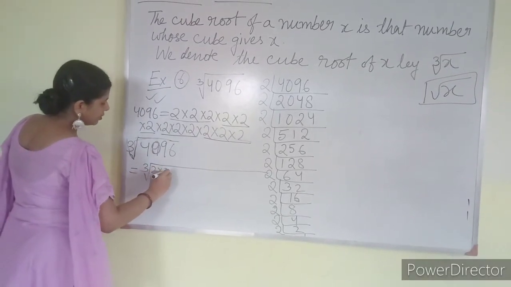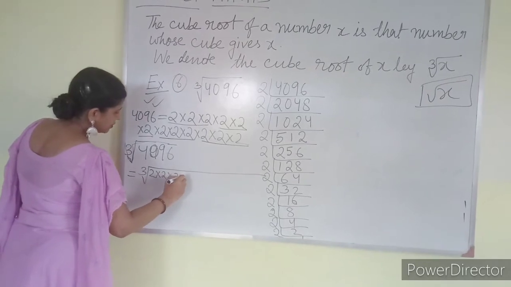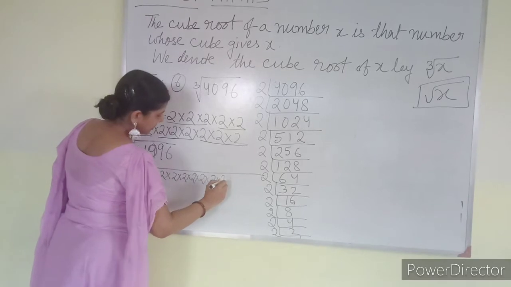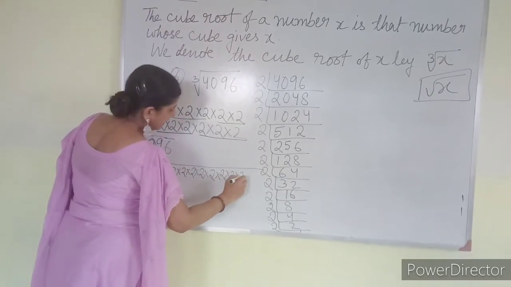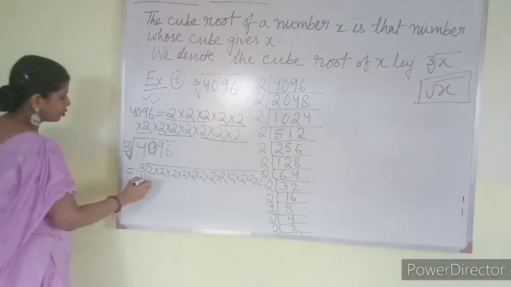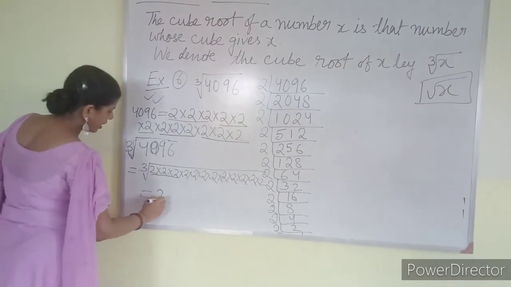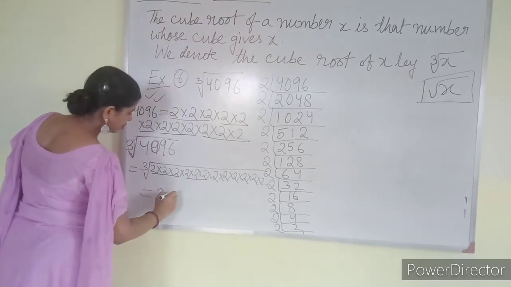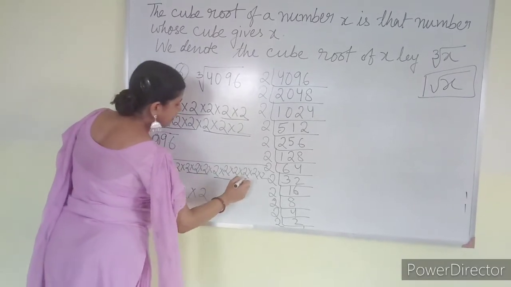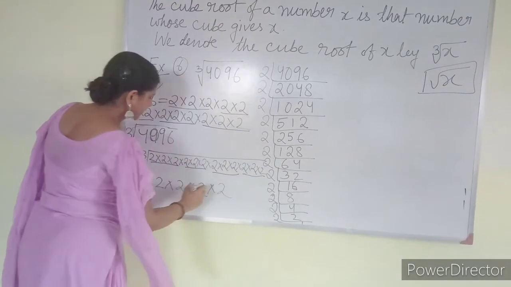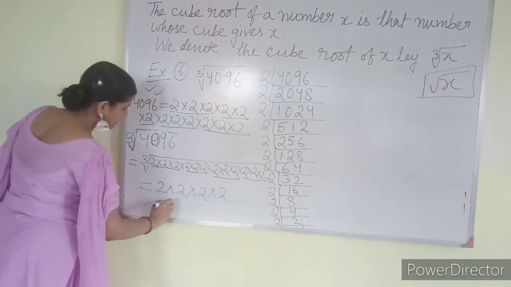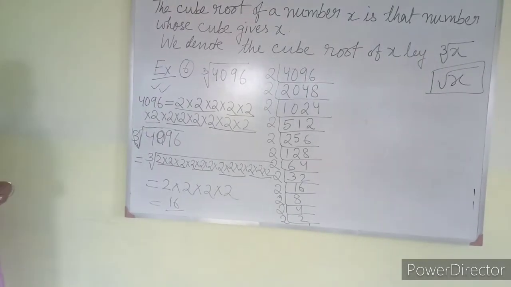That is 2 into 2, 12 times. Now when I take out one 2 for each triplet of 2s, four times, my answer is 2 into 2, 4, 4 2s are 8, 8 2s are 16. 16 is the actual answer.